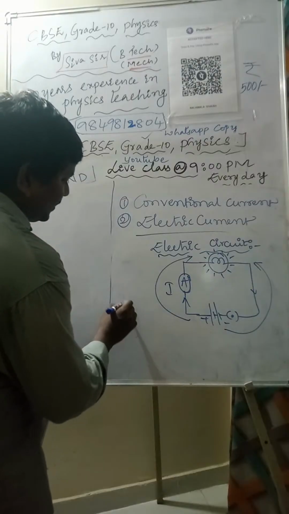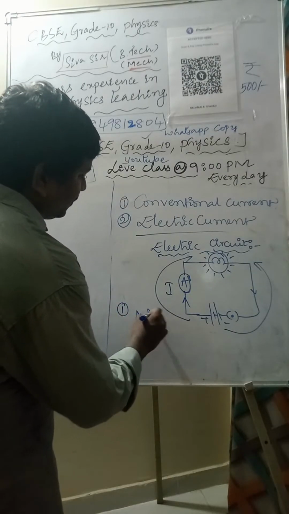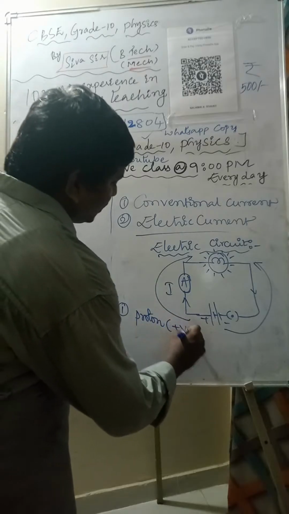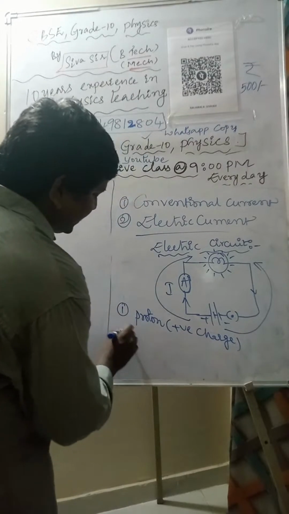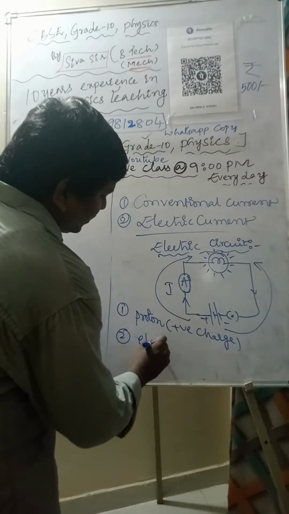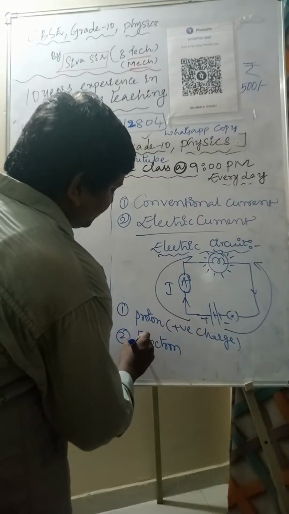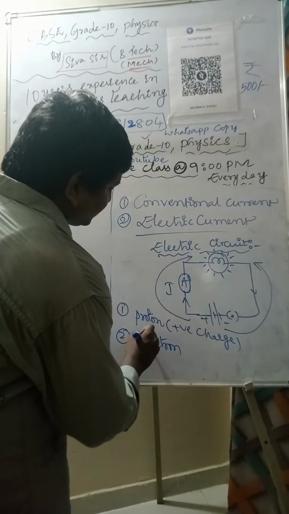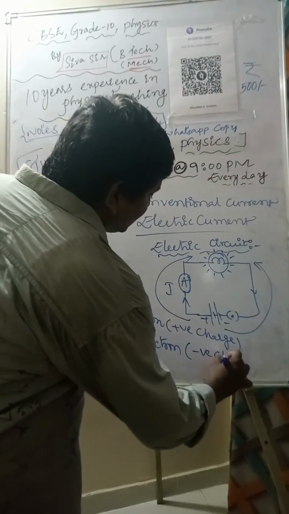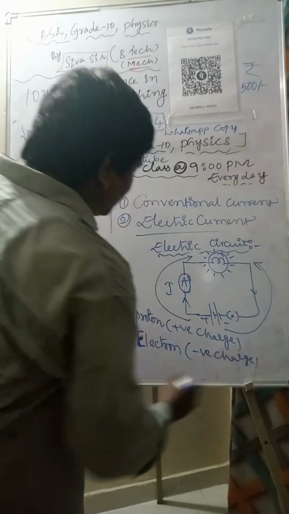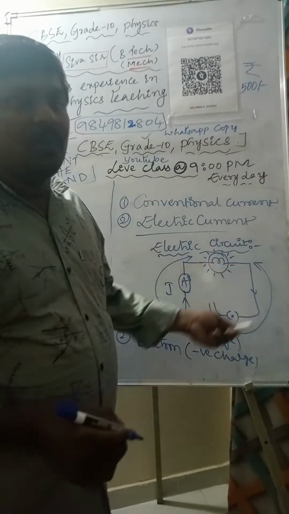One is the proton, which is nothing but positive charge. The second one is the electron, which is nothing but negative charge. Here, a proton will move from high potential to low potential.